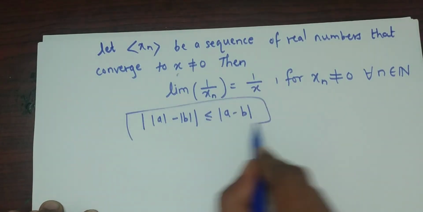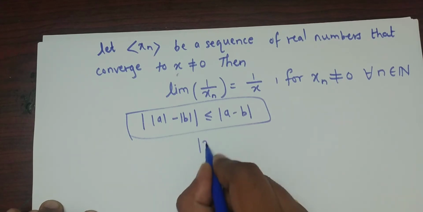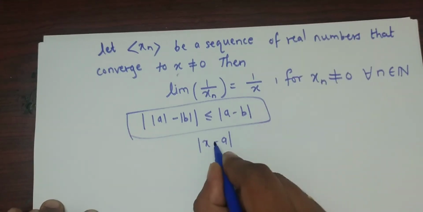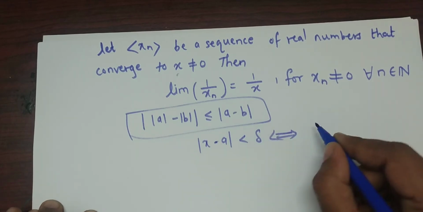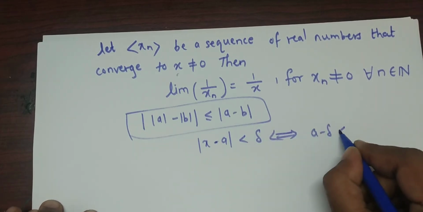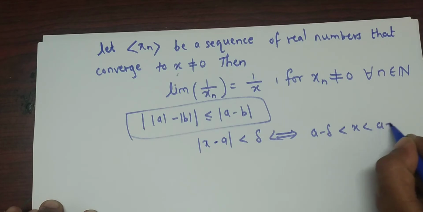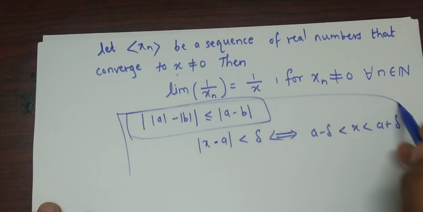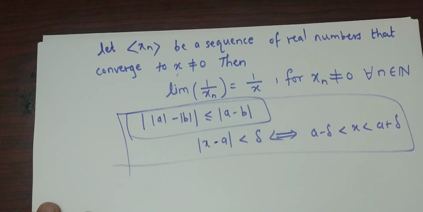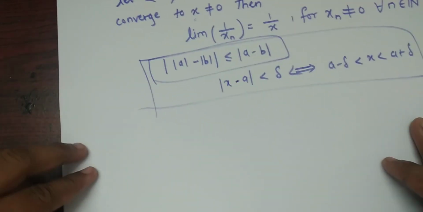And we know that if the distance between two points is less than delta, we can write a minus delta is less than x is less than a plus delta. These two inequalities we have to use for this proof.